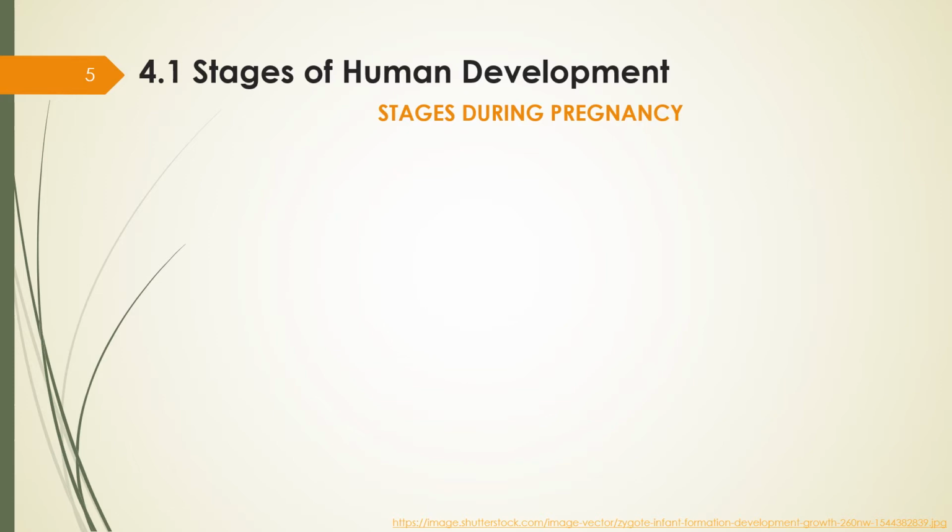Okay, so after fertilization, what happens? The woman will get pregnant, right? When they get pregnant, I have different stages of development, and each stage has its own name, okay? So biology is all about names. So let's learn the names of the stages during pregnancy.